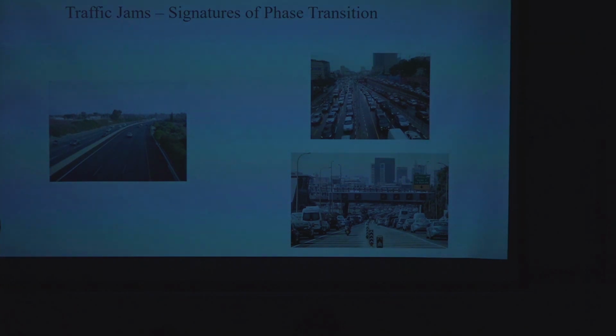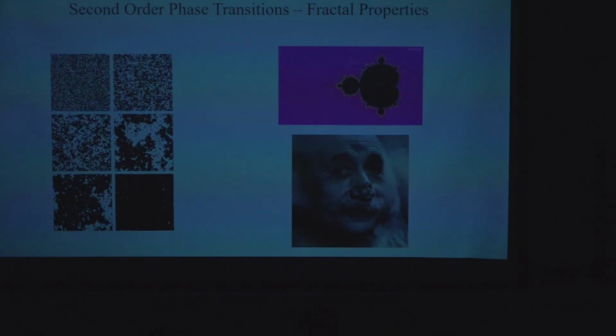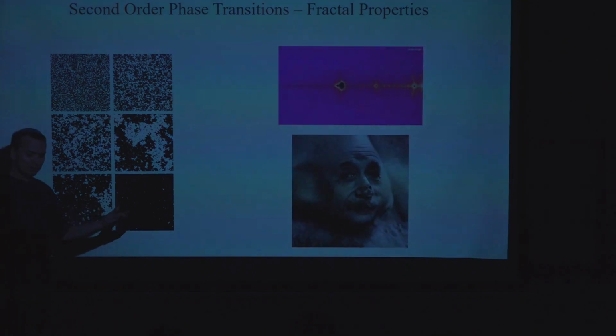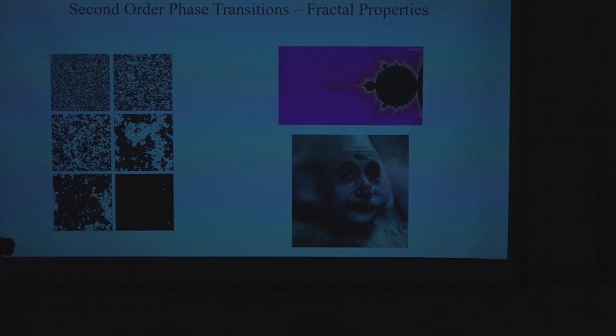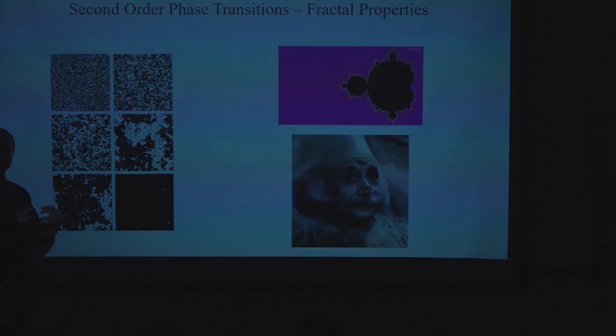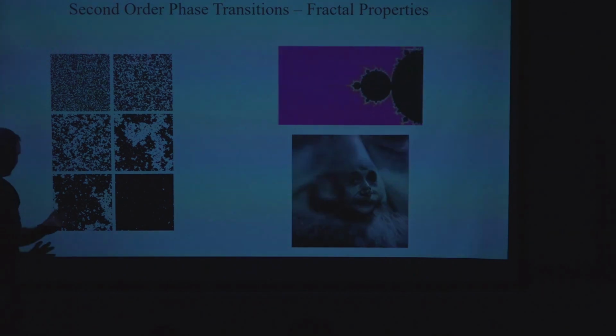Mostly what you're used to are first order phase transitions. In first order phase transitions, all the substance, like for example a bubble, a big portion of the liquid becomes vapor. In second order phase transitions, there is a huge mixture of both phases. You can consider this like a lot of bubbles with different sizes. The most classical example we will study, I think in a month from now, is the Ising model for magnetism.